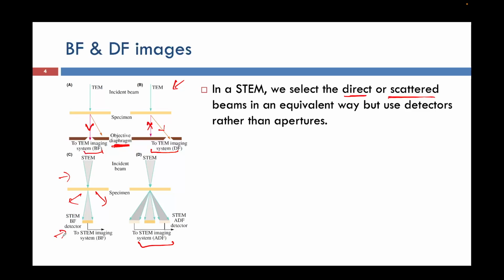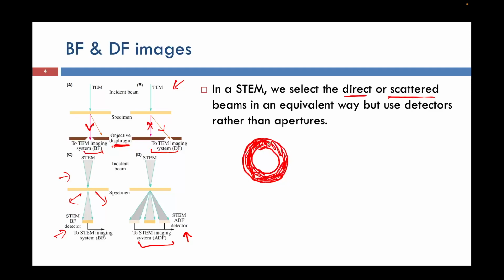So if we want to see in our image a particular set of planes present in my material, then we insert the dark field detector. And this dark field detector we insert in such a way that, let's say, this is my detector.